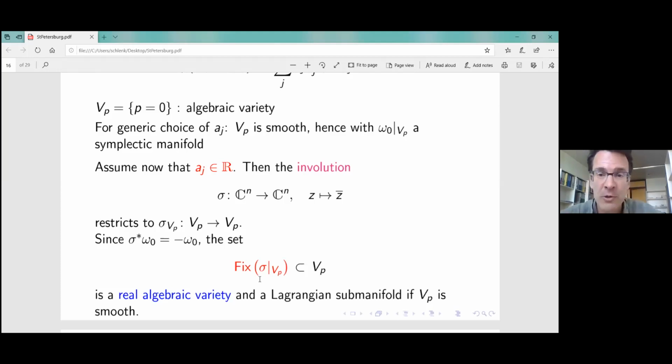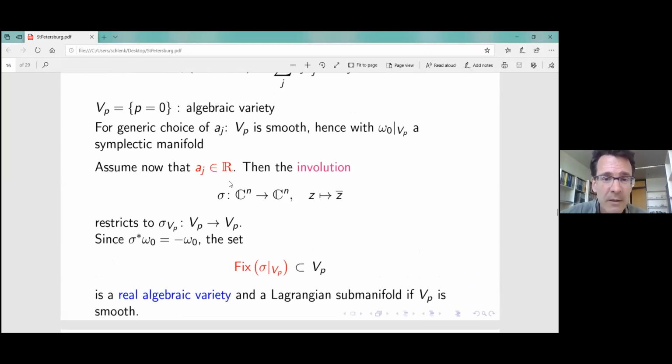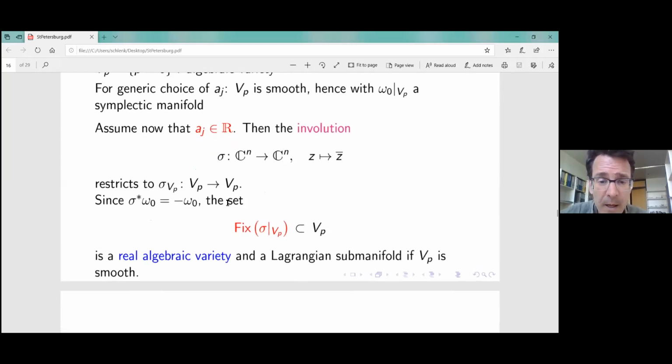In the algebraic geometry setting, the Vp may not be smooth, but once it's smooth, the fixed point set of the involution is automatically smooth. For a smooth involution, the fixed point set is always a manifold. And it is Lagrangian because of this sigma pullback switching the sign. That follows immediately. So in this way, you get many special Lagrangian submanifolds in algebraic varieties.